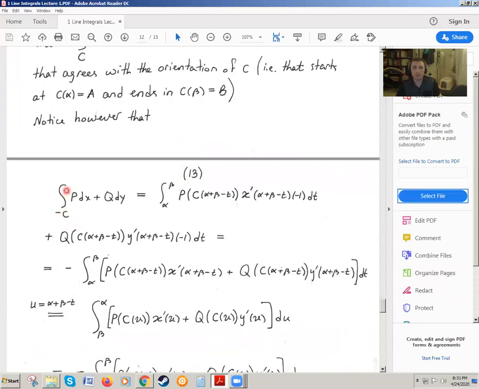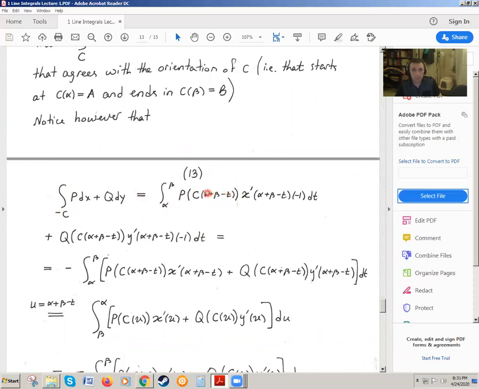Let's consider what happens if I integrate over the curve minus c, which means that when I parameterize, I place into P this backwards curve, this minus c curve.